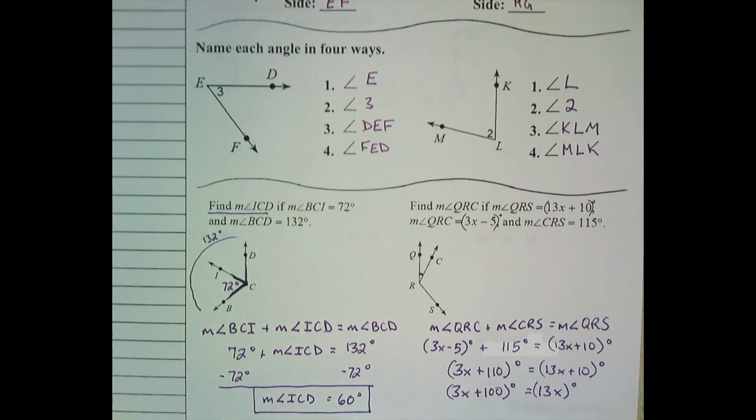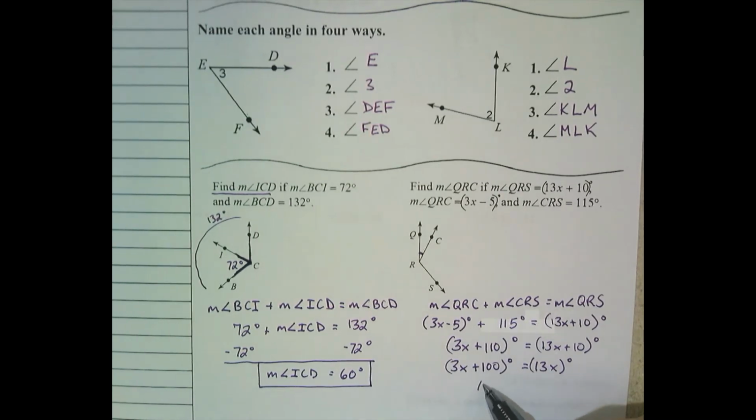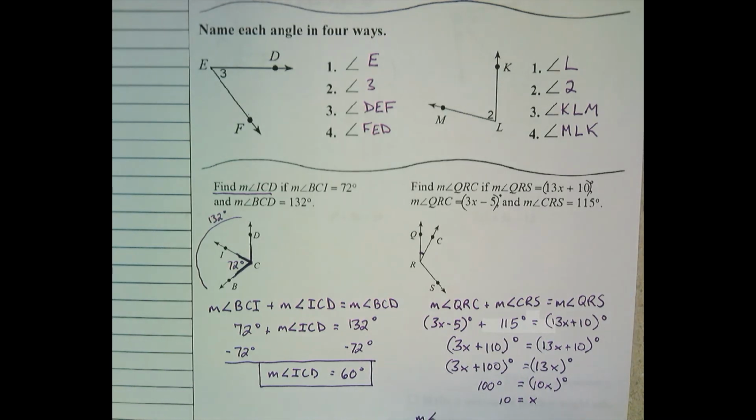And then if we subtract 3x from both sides, we get 100 degrees equals 10x degrees, and therefore x must be 10 because 10 times 10 is 100. Now our goal wasn't to find x, our goal was to find the measurement of QRC. So the measurement of angle QRC is 3 times 10 minus 5 degrees, or 30 minus 5, which is 25 degrees.